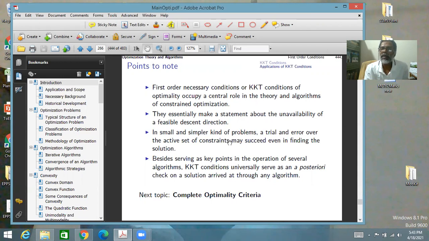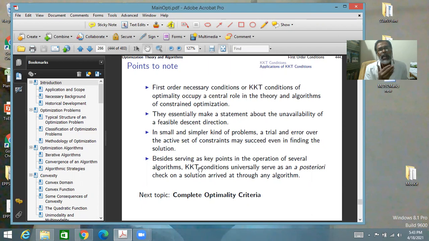And in small and simpler kind of problems, you can even get hold of a KKT point through trial and error, of course, using the other things that we have studied earlier, unconstrained optimization and equation solving. And in general, the utility of KKT conditions come as key points in some algorithms and as an a posteriori check for all algorithms.